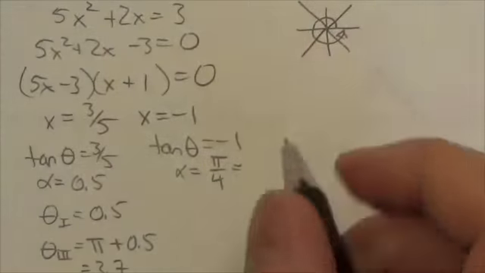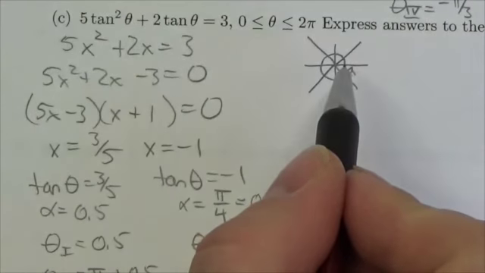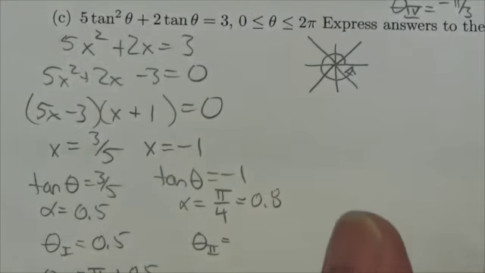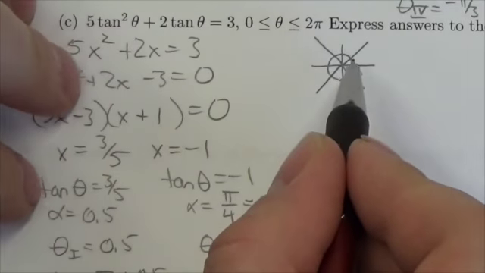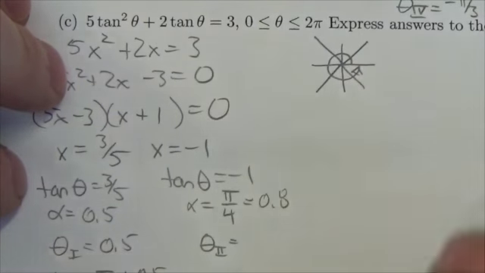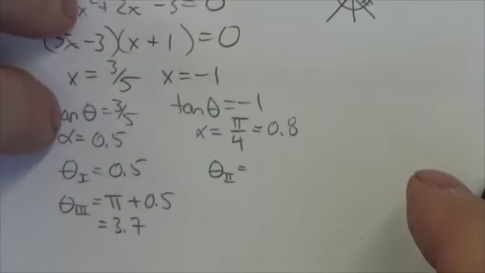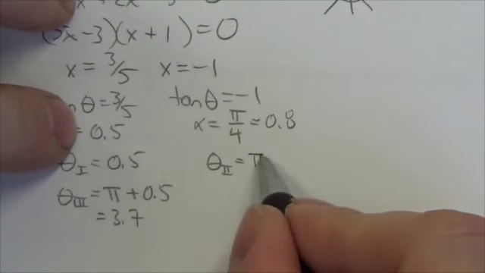Now, to get my angle in quadrant 2, I overshoot it first to get to the x-axis. The reason I do this is that when I'm using reference angles, it's always with respect to the x-axis. So I overshoot this angle to get to the x-axis, and then I go backwards. This rotation is positive, this little rotation is negative. So it's going to be positive pi, and then I add the negative rotation, the negative 0.8.